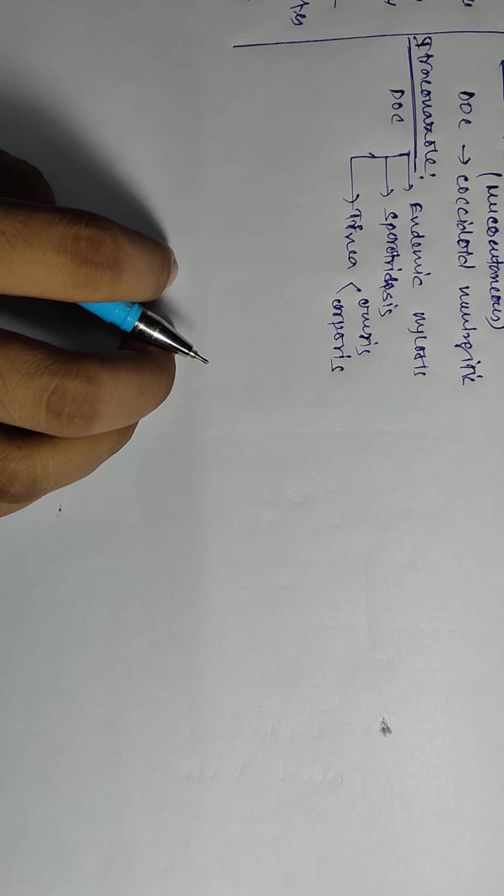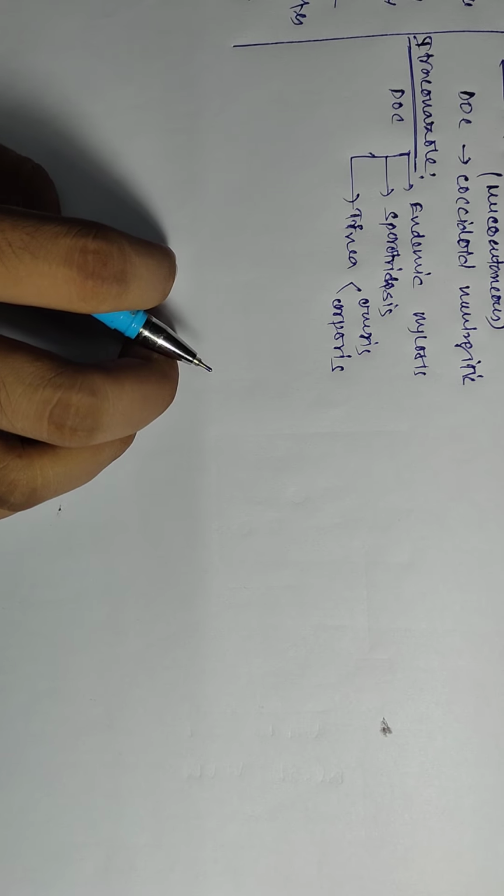In case of allergic bronchopulmonary aspergillosis, we use this itraconazole, because we know the drug of choice for allergic bronchopulmonary aspergillosis is steroid. But if we use this itraconazole, it helps us to decrease the dose. I mean, in the decreased dose we can use the steroid, and that is also effective if we use this itraconazole.